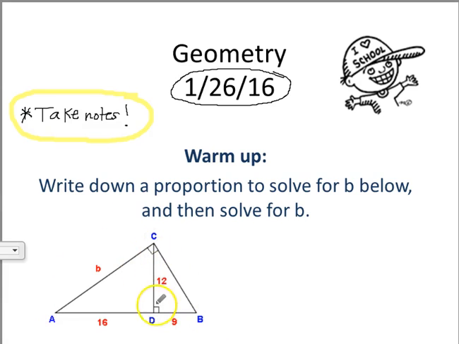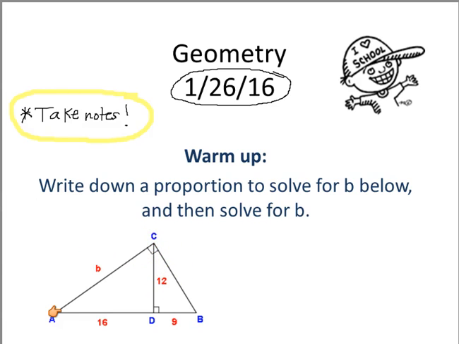in right triangles. So remember, we've got three different right triangles here. We've got this medium right triangle, this small right triangle, and this overall big right triangle. And in every right triangle, I always like to think of the legs of each right triangle.